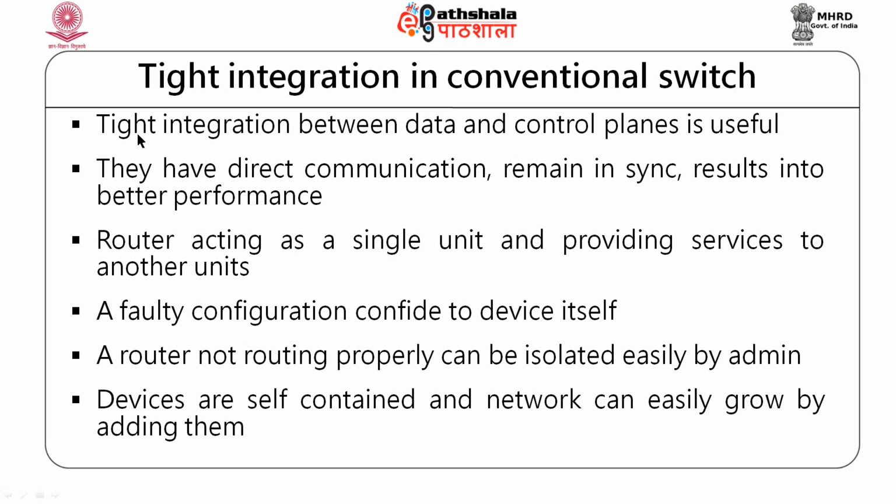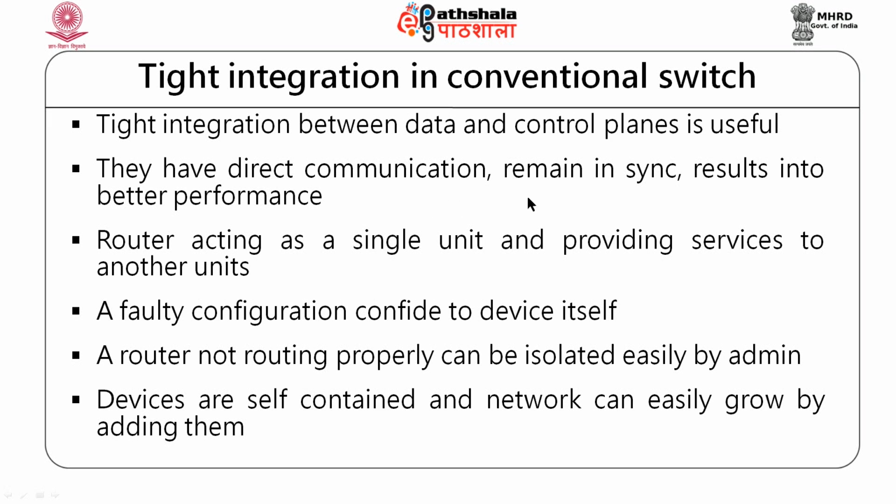Okay. Because both of them are part of the same switch, they have direct communication, they talk to each other, they remain in sync and this results in far better performance, because they do not need to do anything else, they are there together, they will work together, that is the reason you will be able to get far better performance. The router is acting as a single unit, okay.